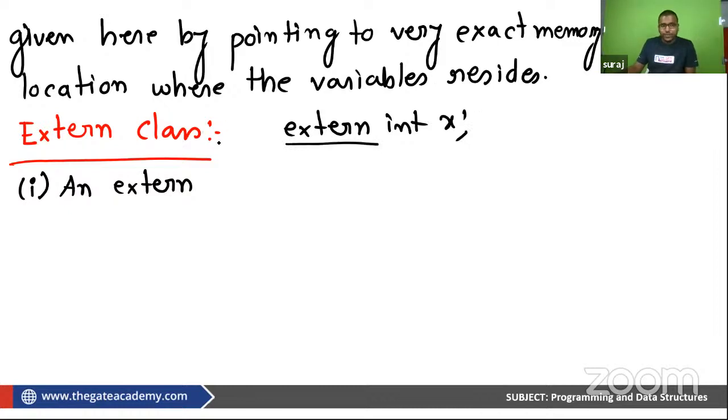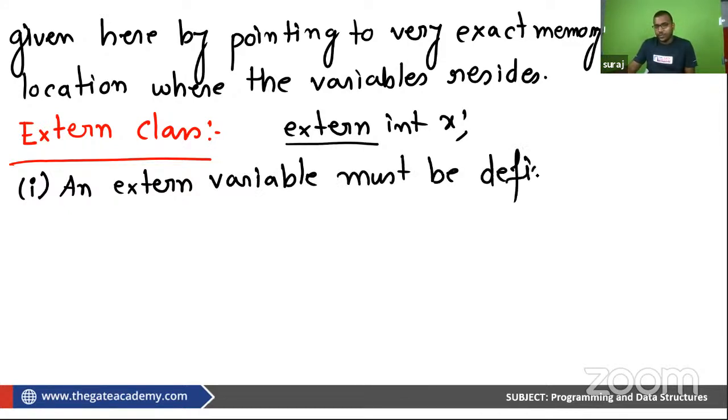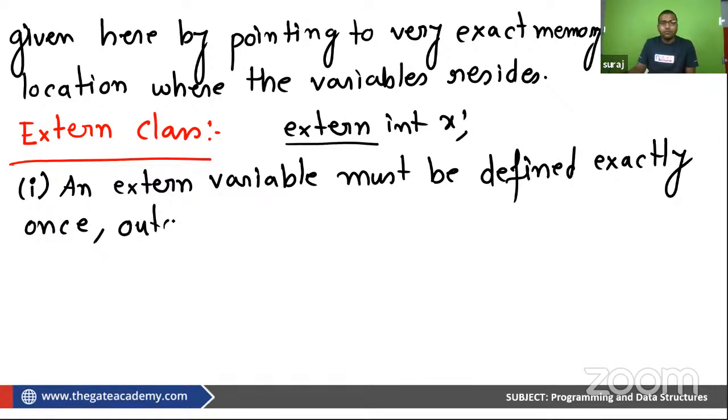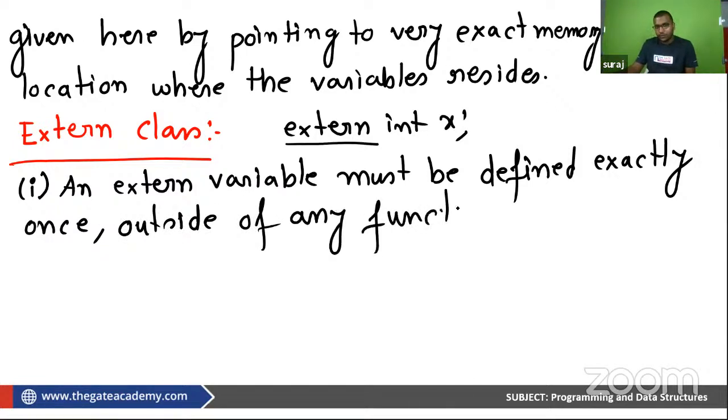So an extern variable must be defined exactly once outside of any function, because it is defined outside of any function.